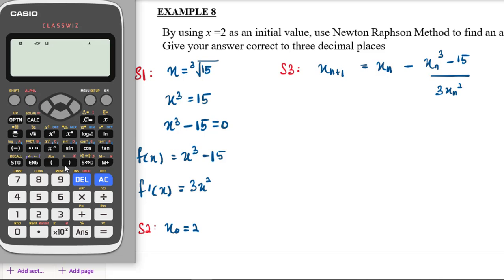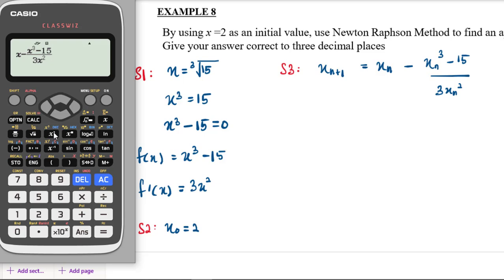We have x, press alpha and then x minus fraction x cubed minus 15 over 3x squared. So this is your formula.